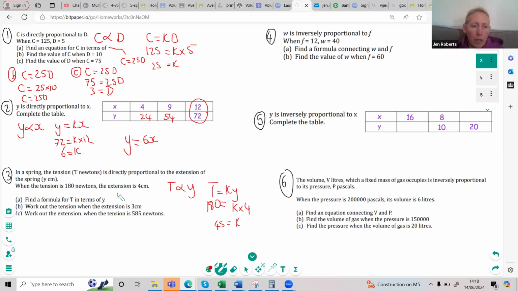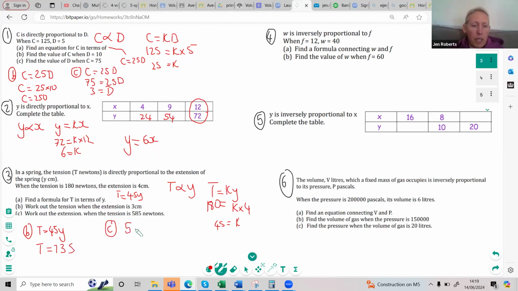So what's your formula? T equals 45Y. We know Y is 3, so 45 times 3. T is 135.